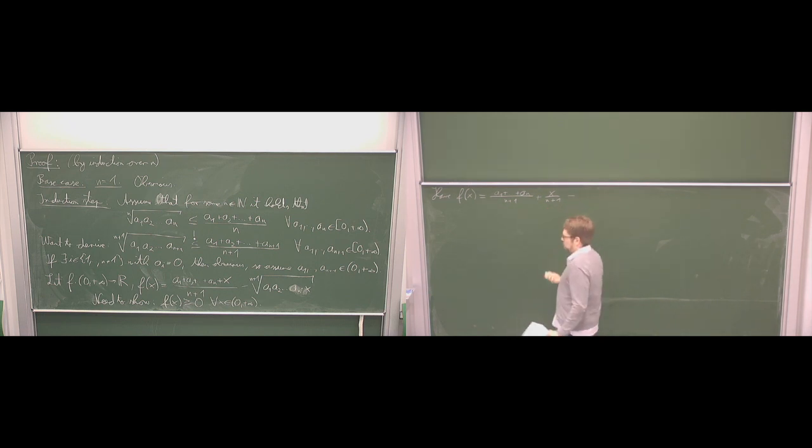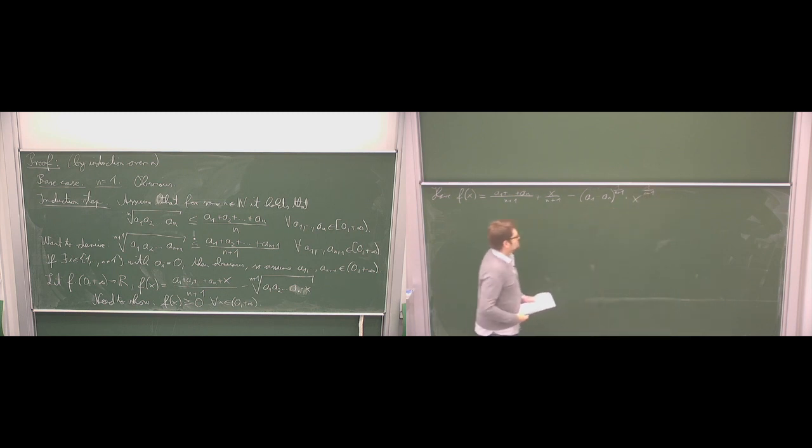By our power laws that we have established, we can rewrite this as a1 to an to the power of 1 over n plus 1, which is nothing but a root, times x to the exponent of 1 over n plus 1. So this is just a way of rewriting the function.